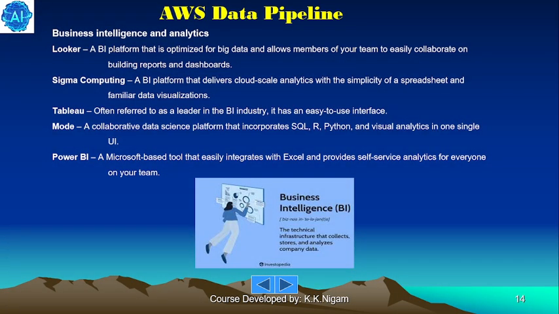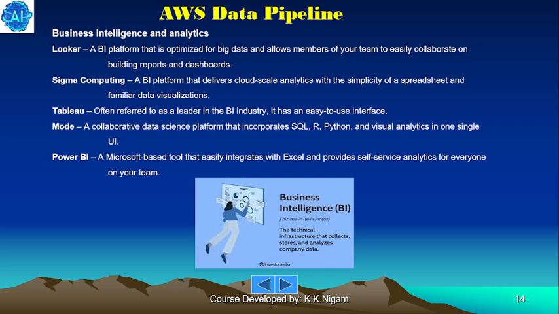Business intelligence and analytics. Looker, a BI platform that is optimized for big data and allows members of your team to easily collaborate on building reports and dashboards. Sigma Computing, a BI platform that delivers cloud scale analytics with the simplicity of a spreadsheet and familiar data visualization. Tableau, often referred to as a leader in the BI industry.